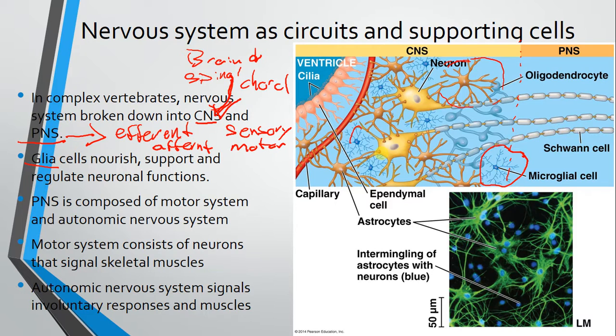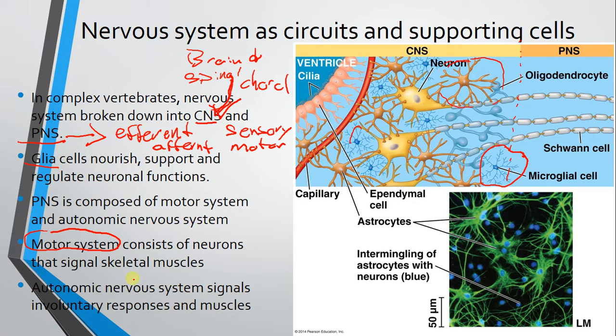The PNS, peripheral nervous system, is composed of the motor system and the autonomic nervous system. The motor system consists of neurons that signal skeletal muscles, so stimulate them to contract.